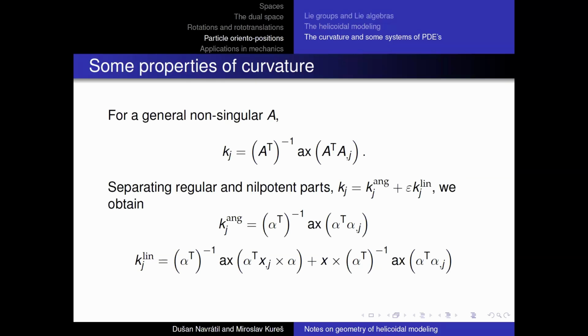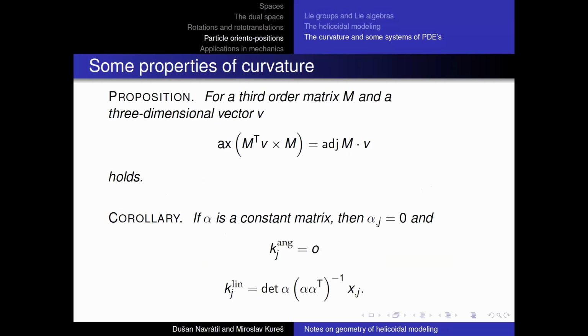The curvature can be expressed in this way and then separated into the real and dual part. As you can see, the real part depends only on the orientation change, while the linear part depends on both position change and orientation change, which wouldn't happen if you just considered rotation and translation separately as independent.